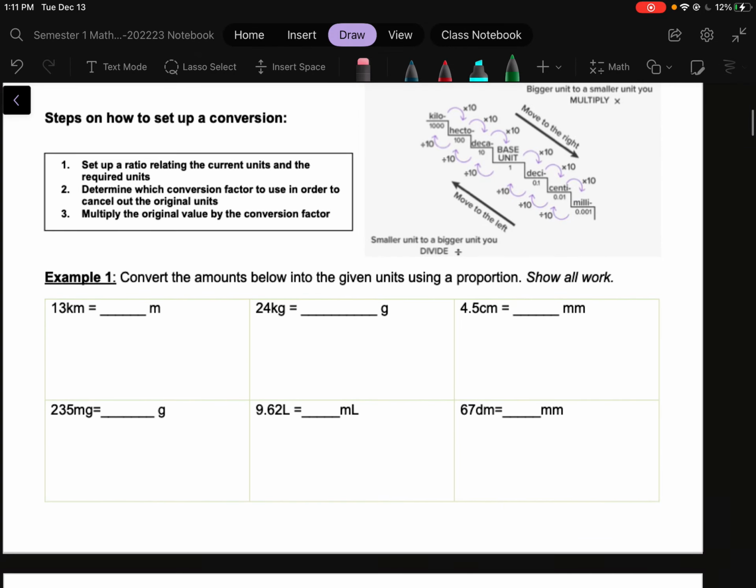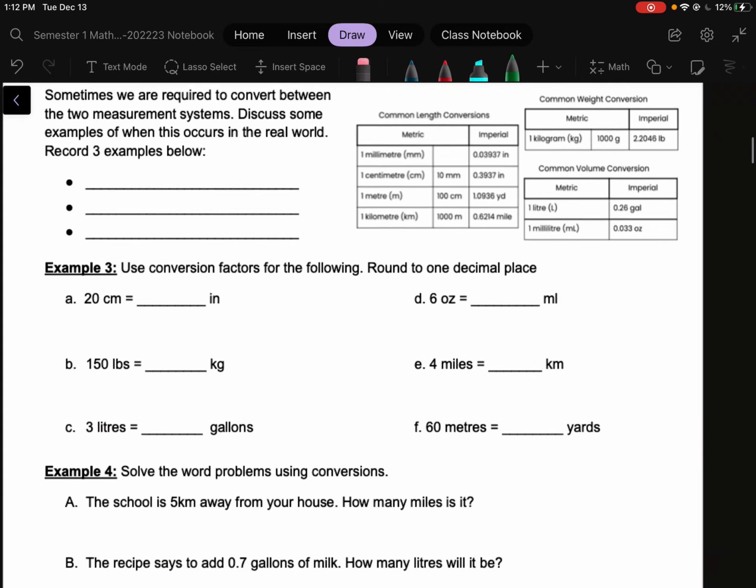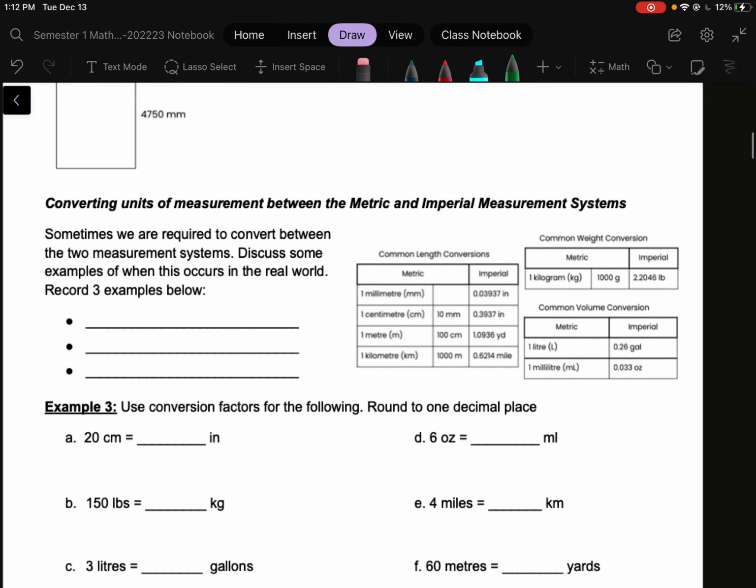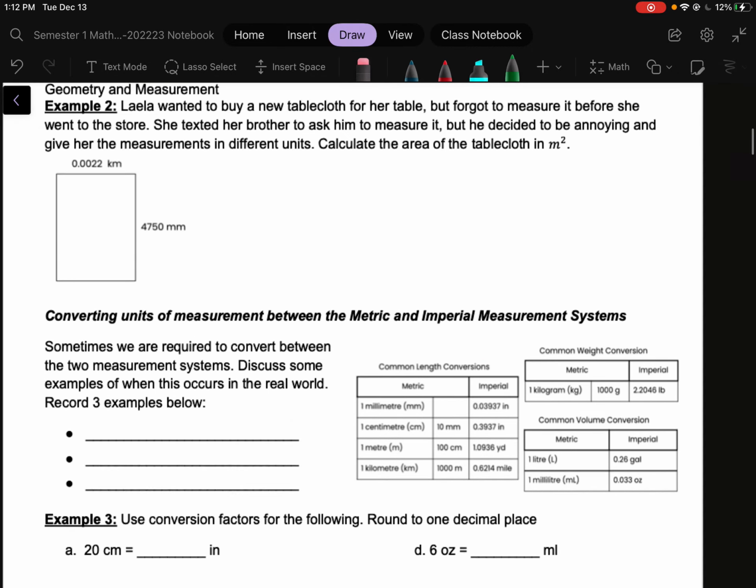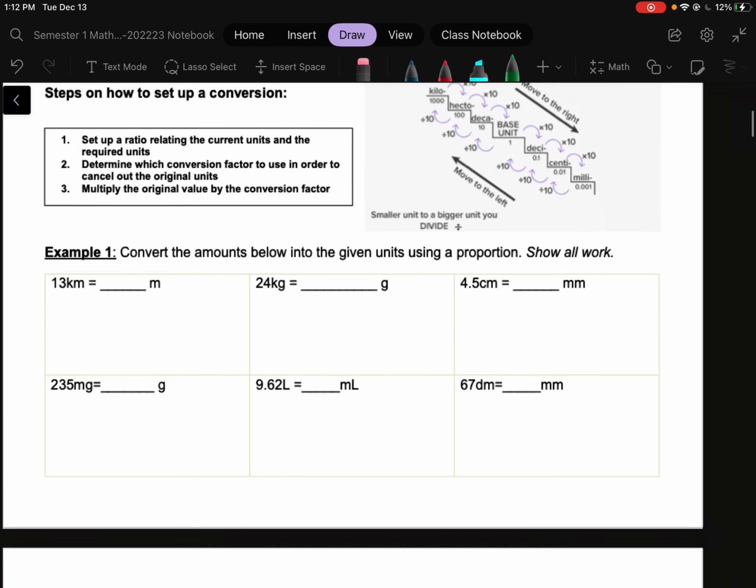If I were you, I would add this to your memory aid so you know how it converts. But what we're going to do is use proportions at the very bottom to do an example. I'm not expecting you to memorize, but I do expect you to understand how to convert, because I will be giving you the conversion sheet. It might not be on this sheet. Oh, it is here.